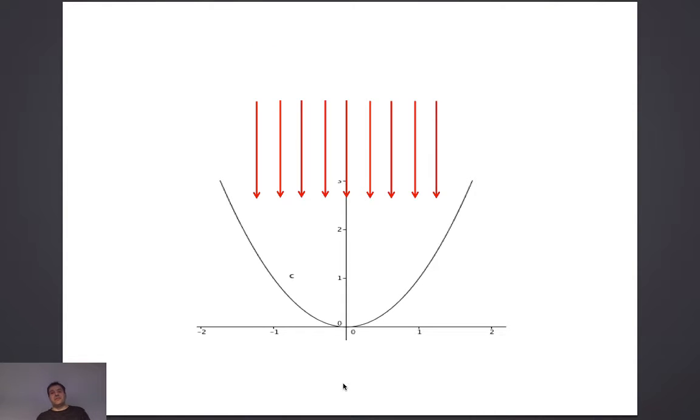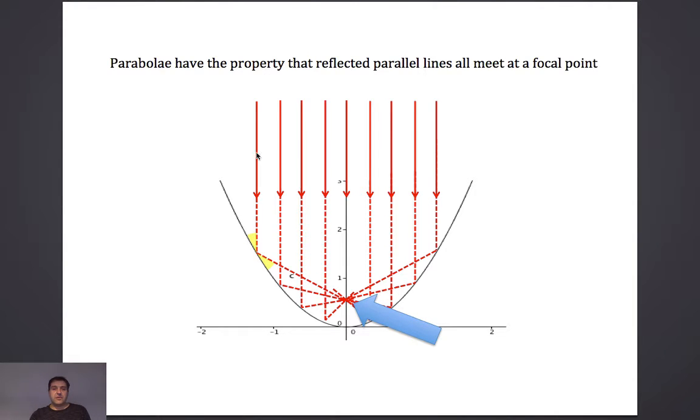Then I started talking about one of the properties of parabolas, or parabolae, if you want to argue about the correct plural. Imagine that's a mirror, and imagine these are light rays coming in, and how they would bounce off that mirror. They bounce off so that the angle going in is the same as the angle coming out.